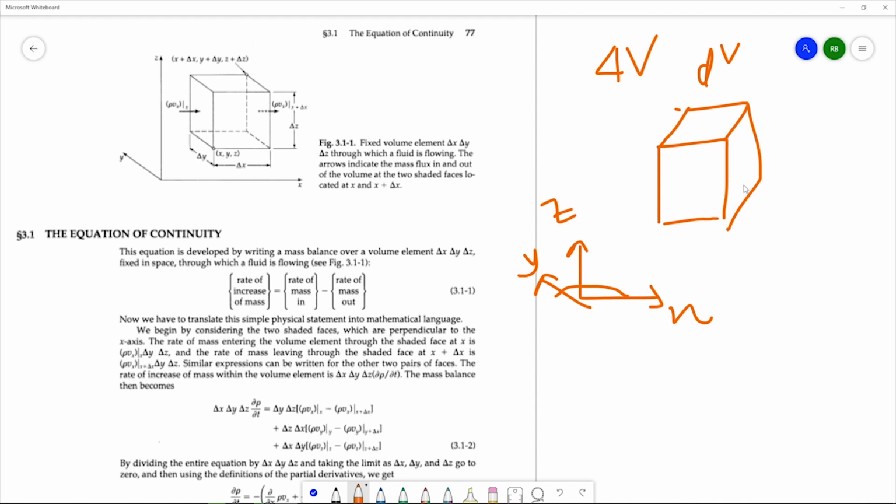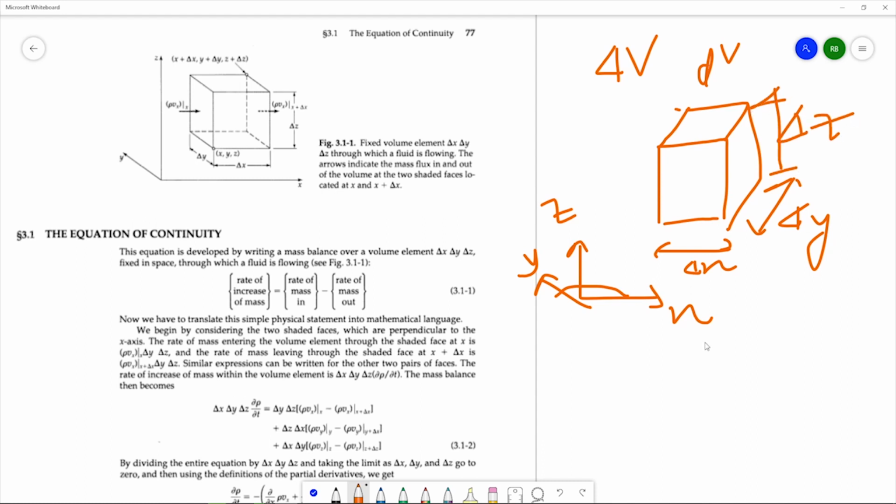So this will be your delta x, this will be your delta y. We are considering a very small volume element, and we are going to use this to calculate for the whole fluid. In this direction we have delta z.